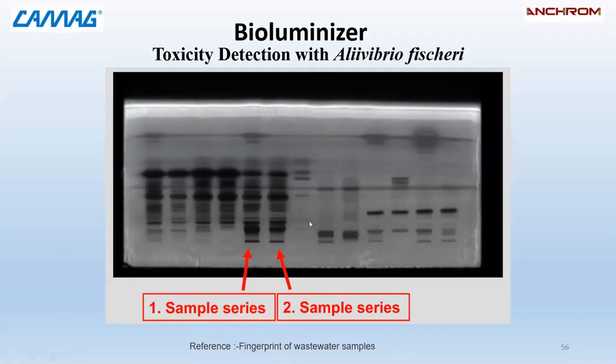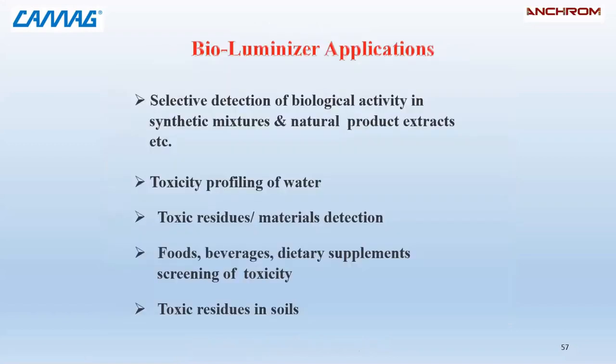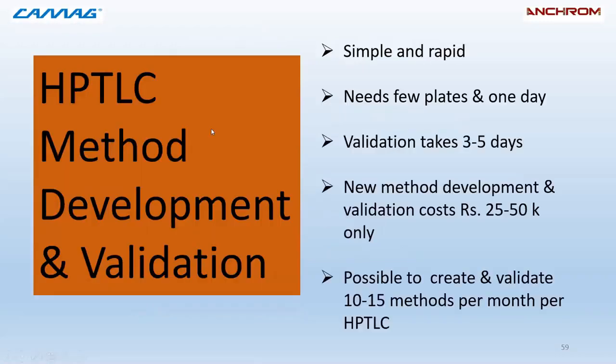By using this luminizer you can find out the toxicity in your sample. You can do selective detection of biological activity in synthetic mixtures or natural products, toxicity profiling of water, and detection of toxic residues and materials in food, beverages and dietary supplements. Toxic residues in soils can also be found using this bioluminizer.